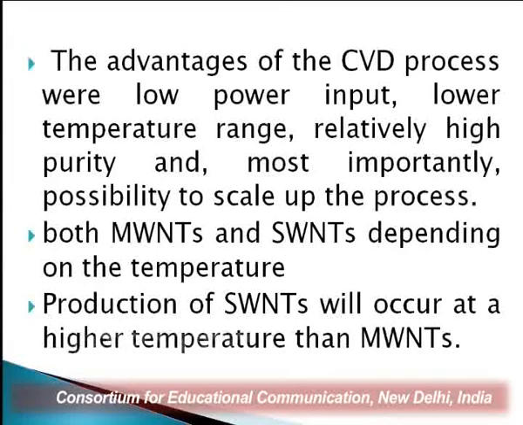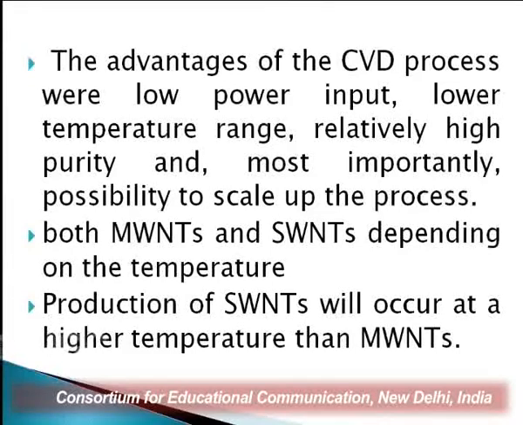The advantages of the CVD process are as follows. It has a low power output, it works in a low temperature range, and relatively high purity carbon nanotubes will be formed by the CVD method.